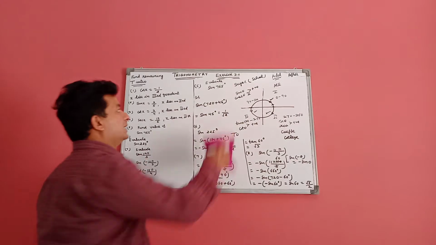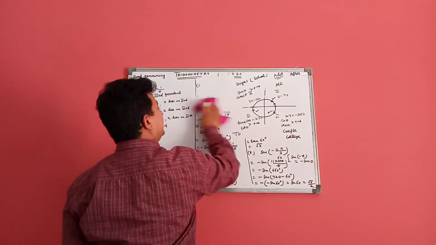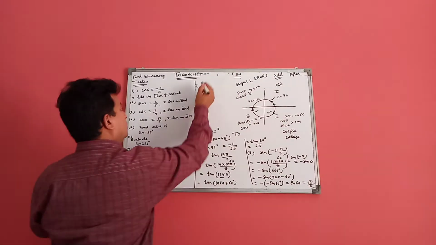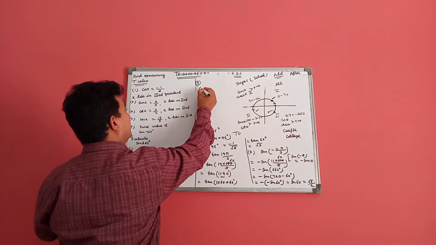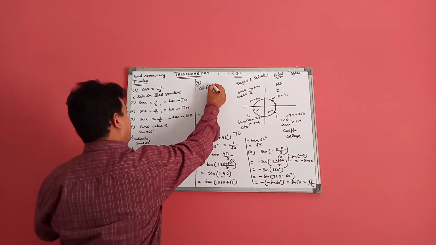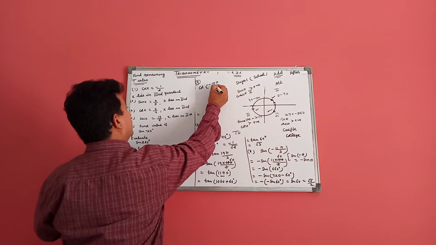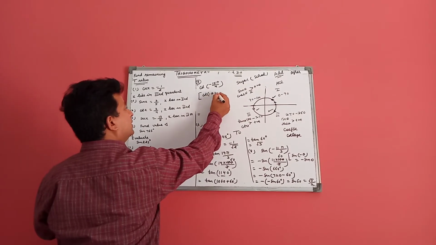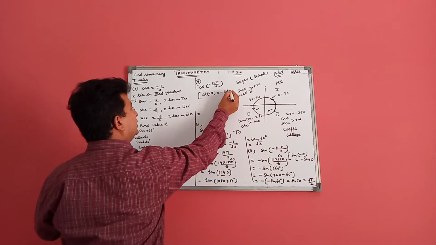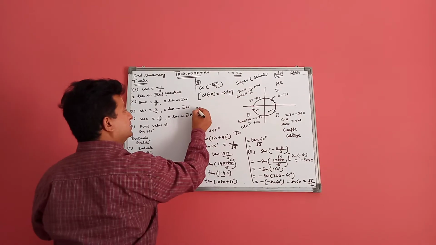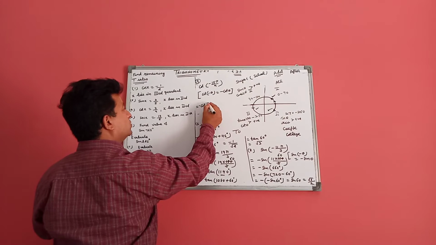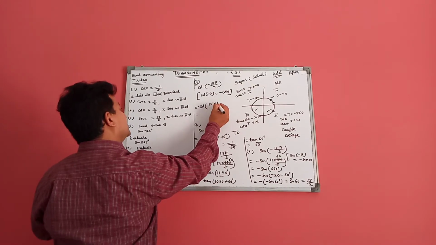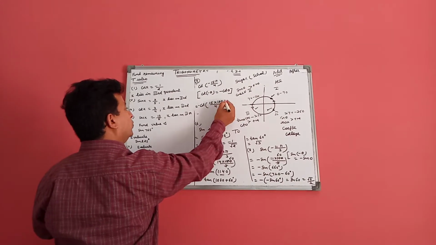In the last question, we have a statement: cot of minus 15 pi by 4. As we know, cot of minus theta is equal to minus cot theta. This means this becomes minus cot 15 pi by 4. As we know, pi is 180 by 4.